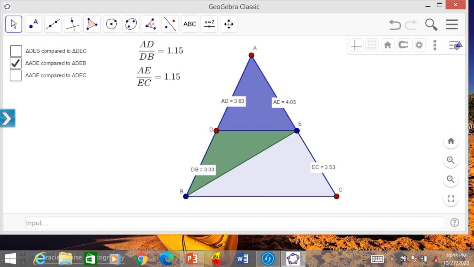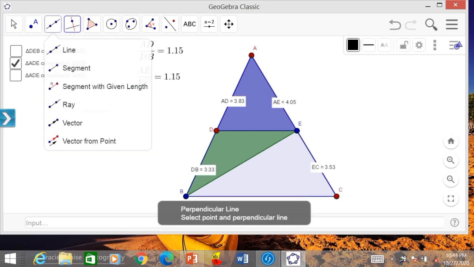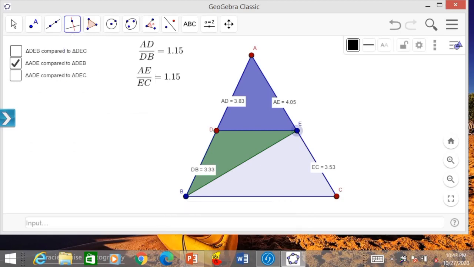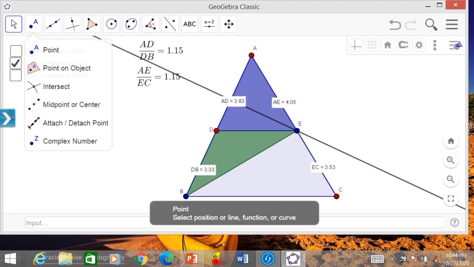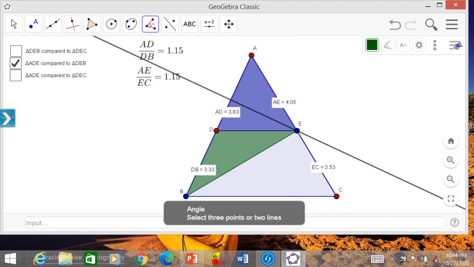If I take AD as the base of triangle ADE, then I have to draw the height from E, because the vertex opposite to AD is E. Now let us draw the height from E, that is the perpendicular line from E to line AD or line AB, because D lies on the line AB.